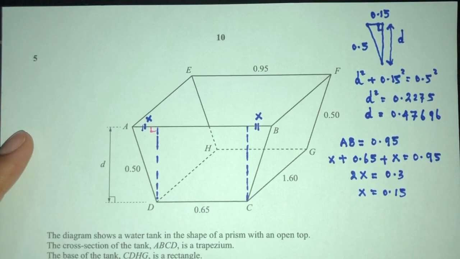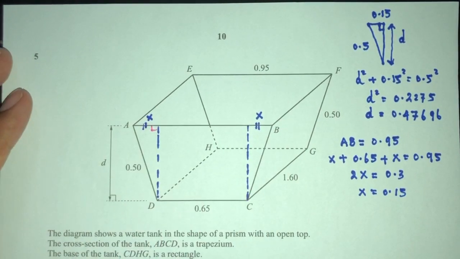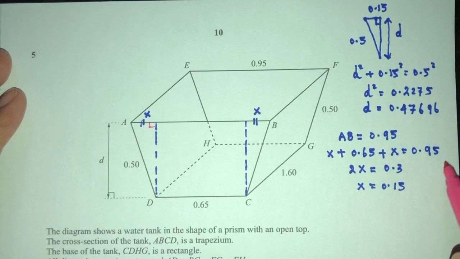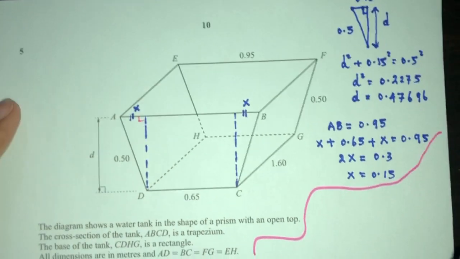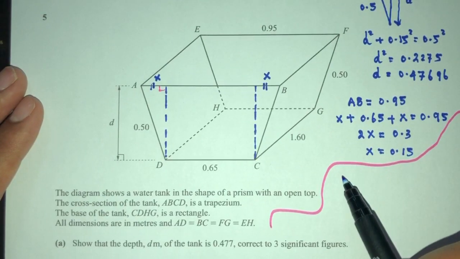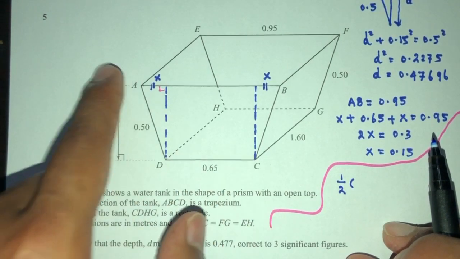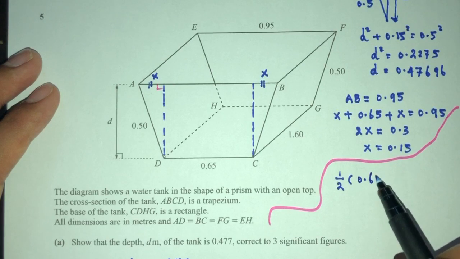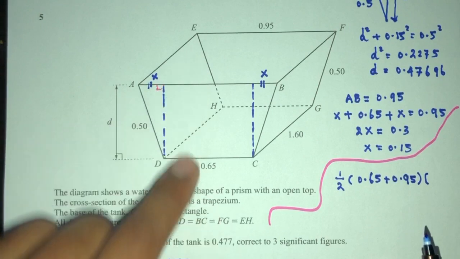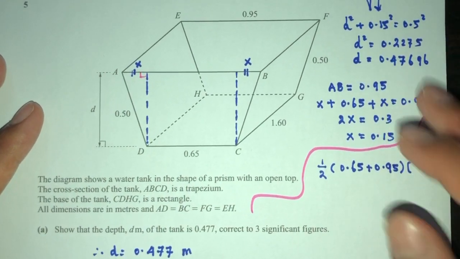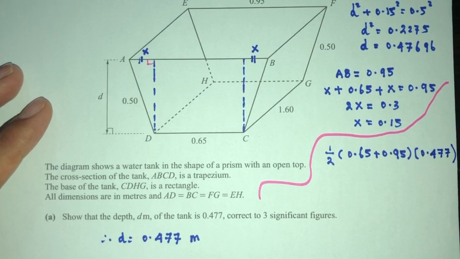So one by one. Let's first find the surface area of this trapezium, A, B, C, D. This surface will be, we use the formula, half times the sum of the parallel sides, so this side and this side, that will be 0.65 plus 0.95, times the perpendicular height in between them, which is this one, 0.477.